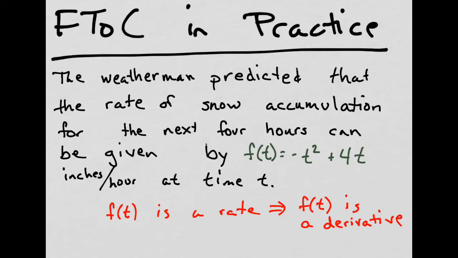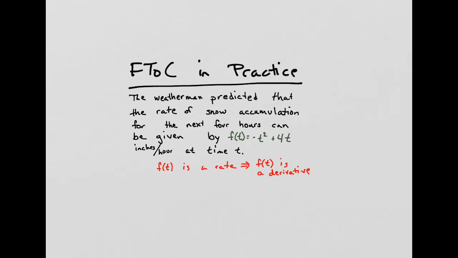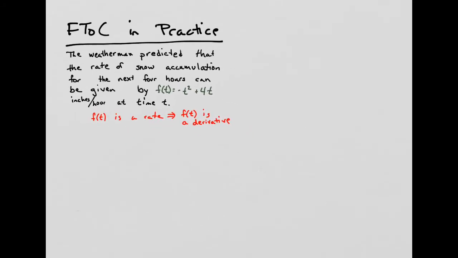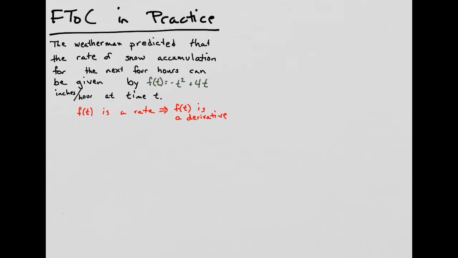All right, let's zoom out a little bit. So if f of t is a rate and f of t is a derivative, what is it a derivative of? I know that's not proper grammar, but let's just keep on going.